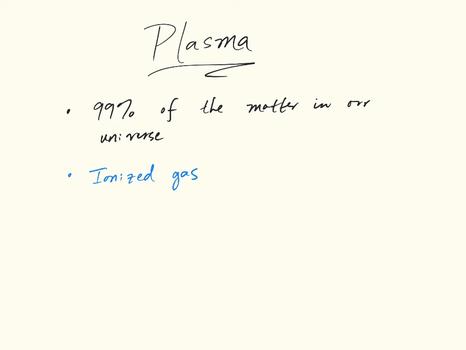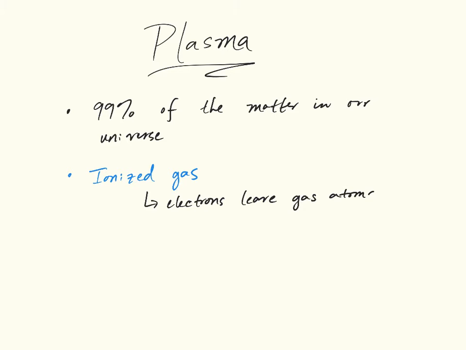Now, what does that mean, Mr. Welch? Well, plasma is created by adding enough energy to a gas so that some of the electrons actually leave those gas atoms.